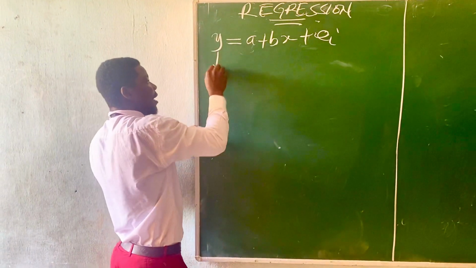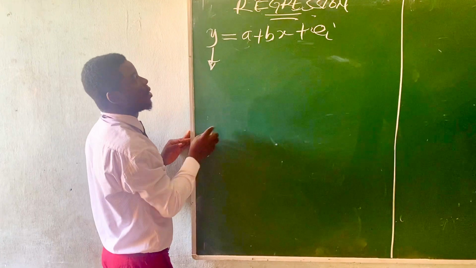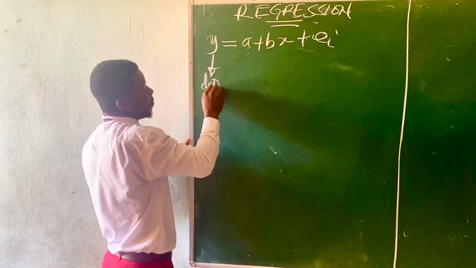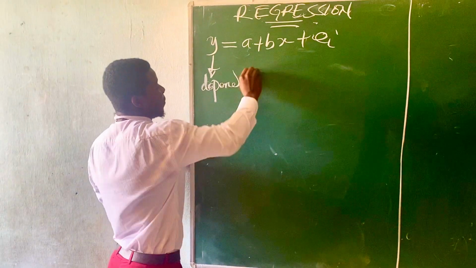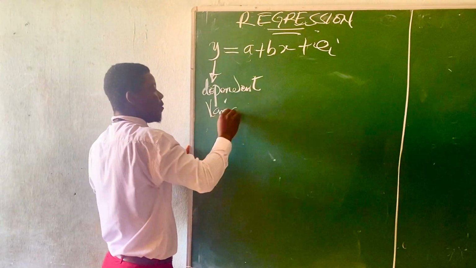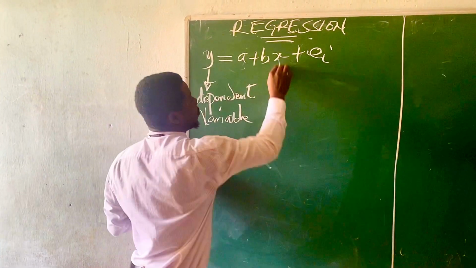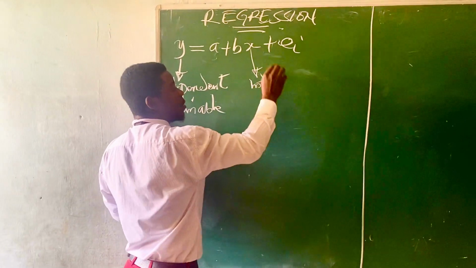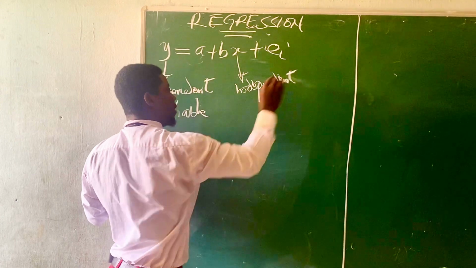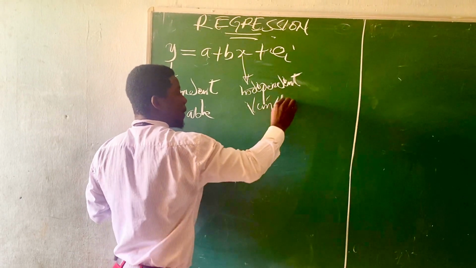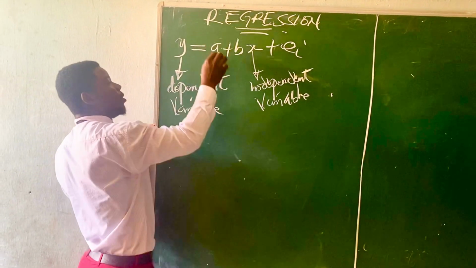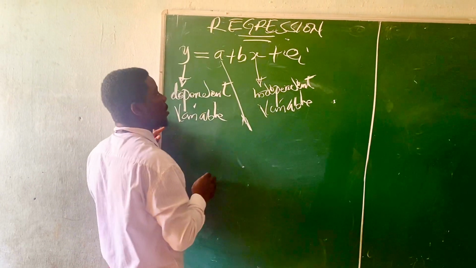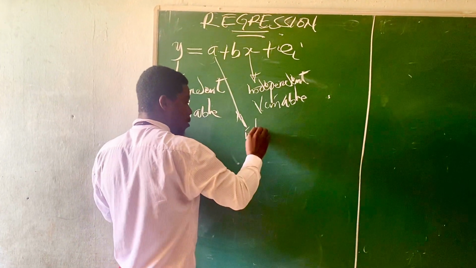This y is what we refer to as the dependent variable. And of course, your x is what we refer to as the independent variable. Your a is what we refer to as your intercept.